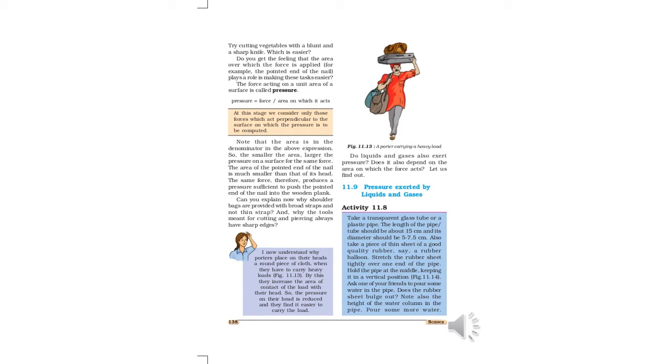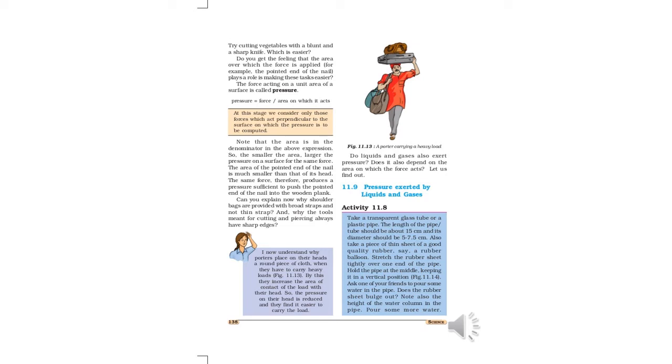Another example, the shoulder bags are provided with broad straps because we know that the larger the area of contact, the lesser the pressure applied on an object. Shoulder bags with broad straps occupy a larger area and do not exert too much pressure on the shoulders. So we can carry the bag easily.